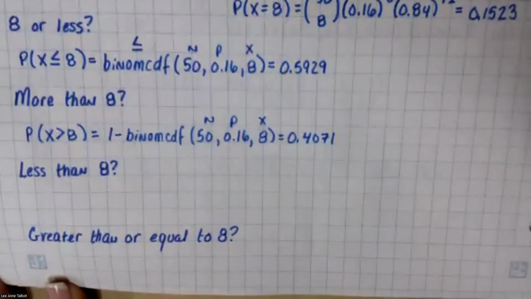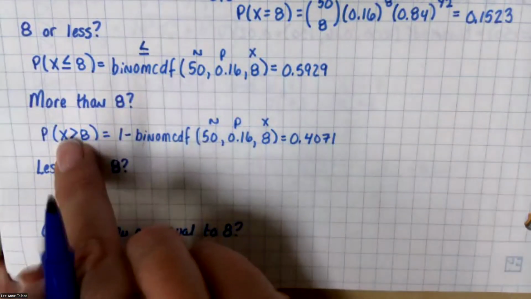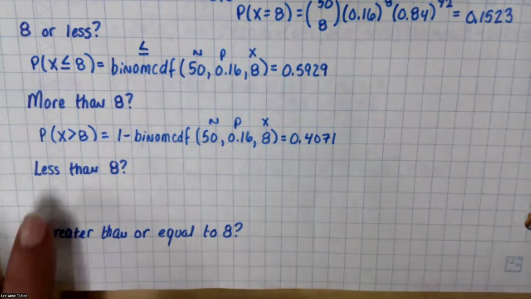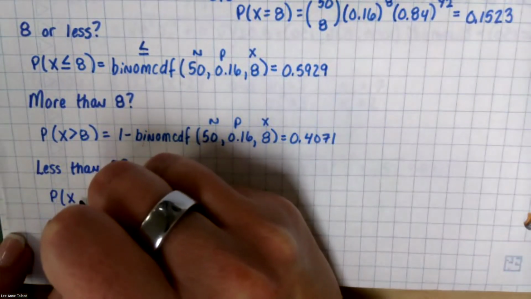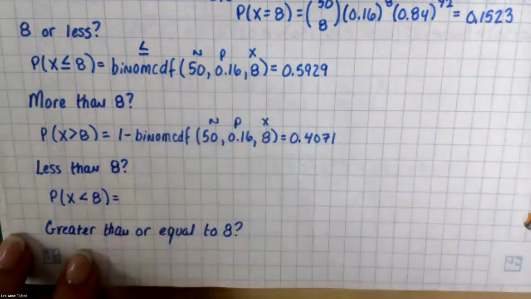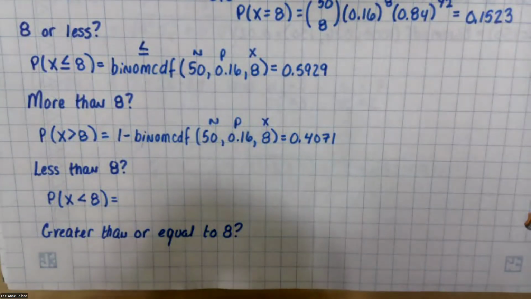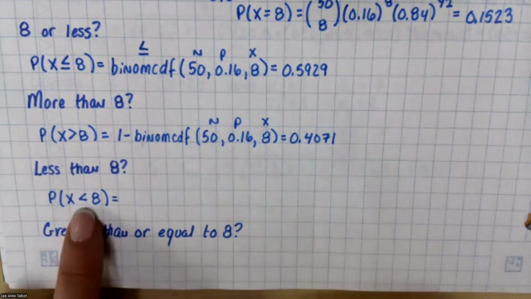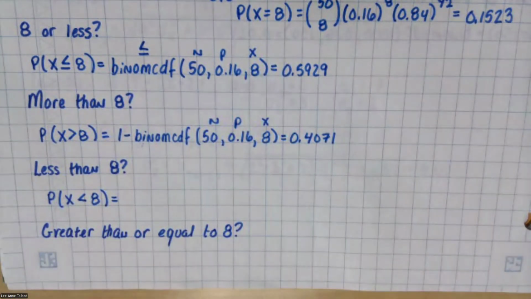Okay, almost there. So we have the less than or equal to crocodile, and we have its complement, the greater than crocodile. Now we have the less than crocodile. And the less than crocodile is the same thing as the less than or equal to the one below it. What I mean by that is less than 8 is the same thing as everything up to 7.